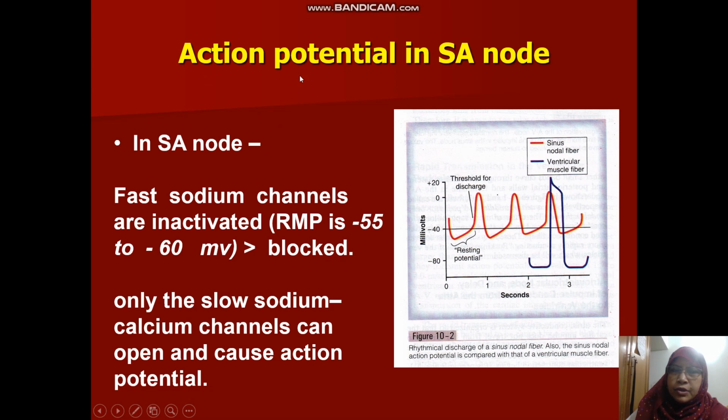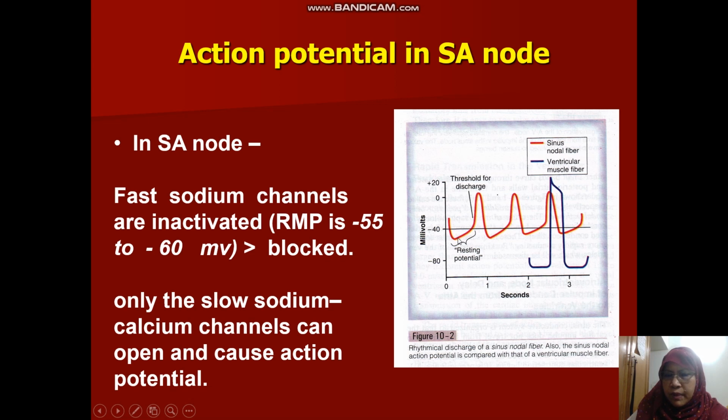And then the action potential of SA node, which is different from the ventricular muscle action potential. In this figure, both the action potential of ventricular muscle and SA node are shown. This is the SA node action potential.